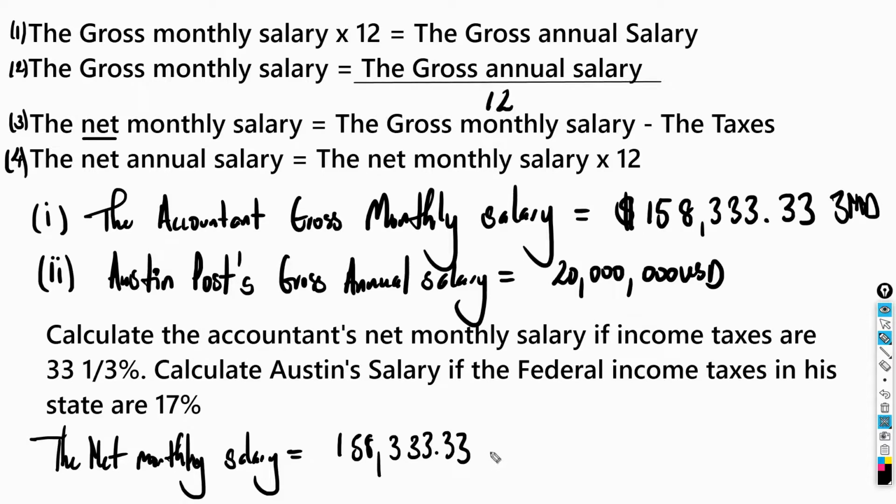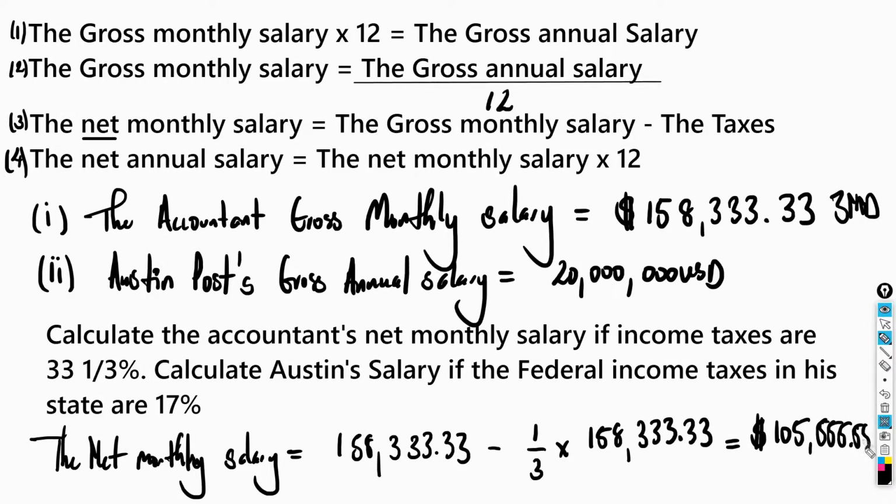So we subtract 1 over 3 multiplied by 158,333.33, and we can work this out with our calculators. When we work it out, we get 105,555.55.